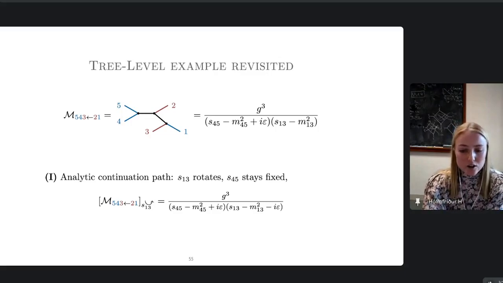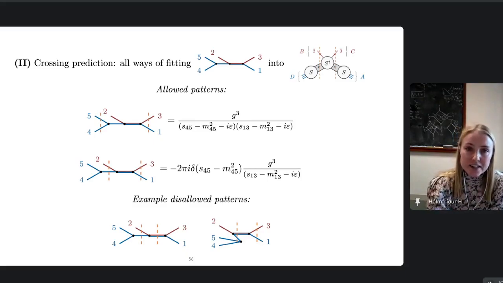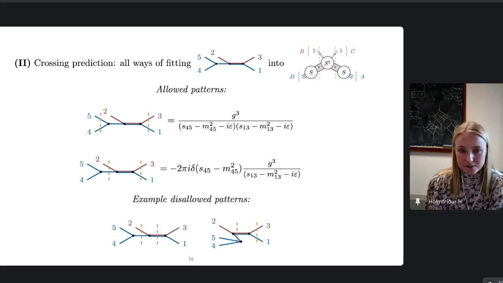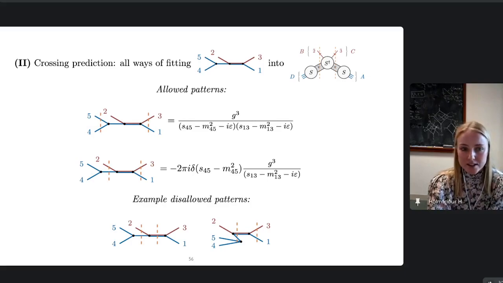But now we can check our crossing equation. So the prediction is that we have to fit this diagram into this blob picture in all different ways. So one thing that we can always do is place this whole picture in the S dagger blob in the middle and just take the S's here to be 1 on the outside. So then we get back the conjugated amplitude. But now we have a different way of fitting this into this amplitude, because 4, 5 are the outgoing particles in the D. So we can have something happening in this blob S here.